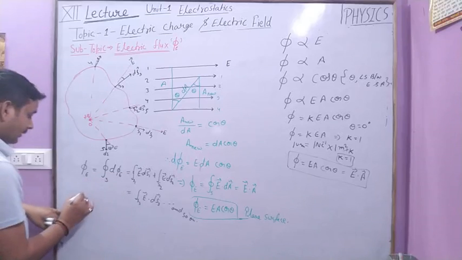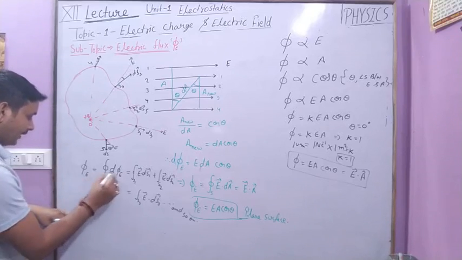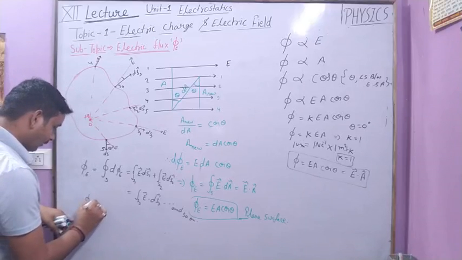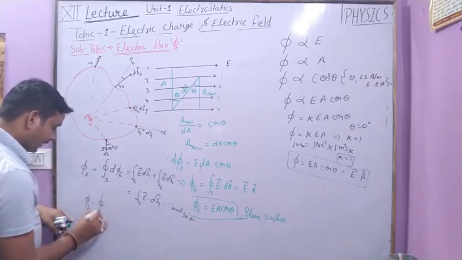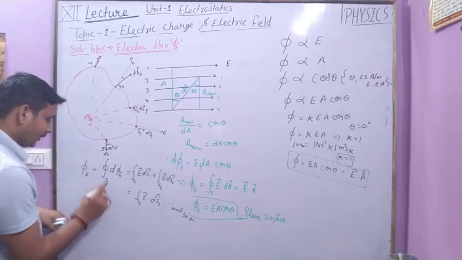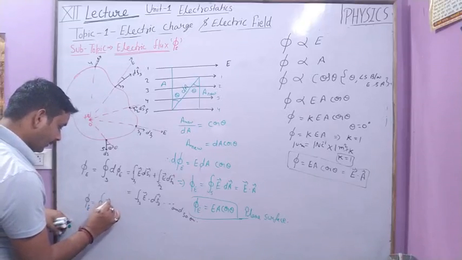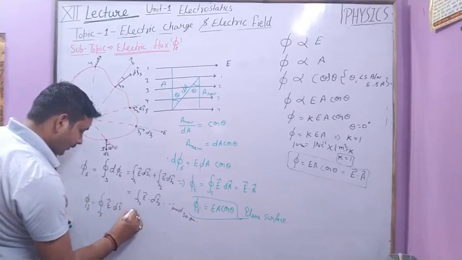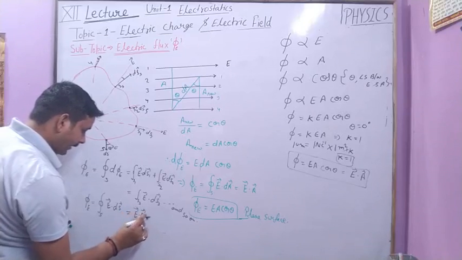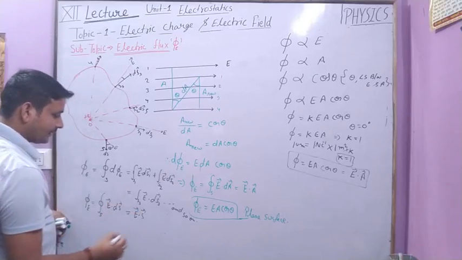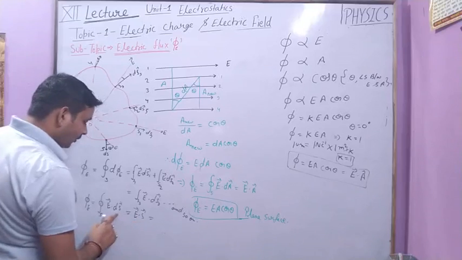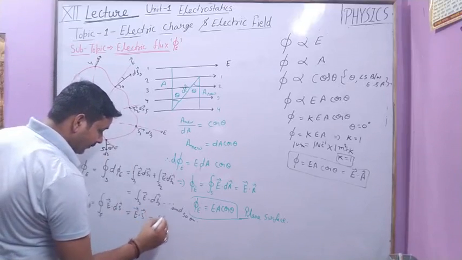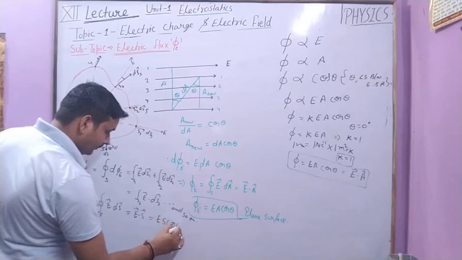Okay, therefore the final result for the flux for a curved surface is given by the surface integral of E dot dS, which is finally equal to vector E dot vector S, where vector S is the surface area of the surface, and this gives us ES cos theta.